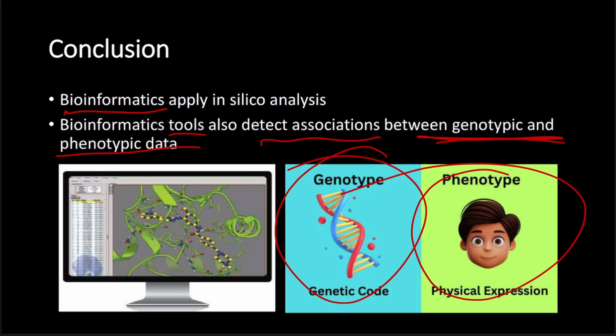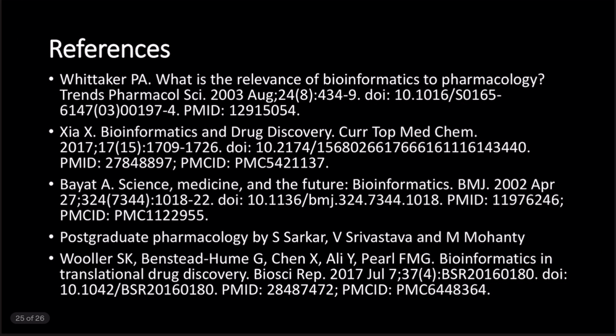So these are the two major aspects of bioinformatics, and it has helped in translational science, that is, it has helped to apply the results which we obtain from several experiments into the improvement of healthcare and also develop personalized medicine.